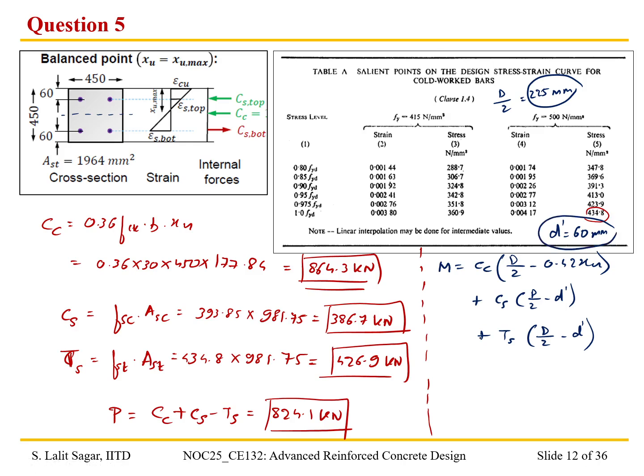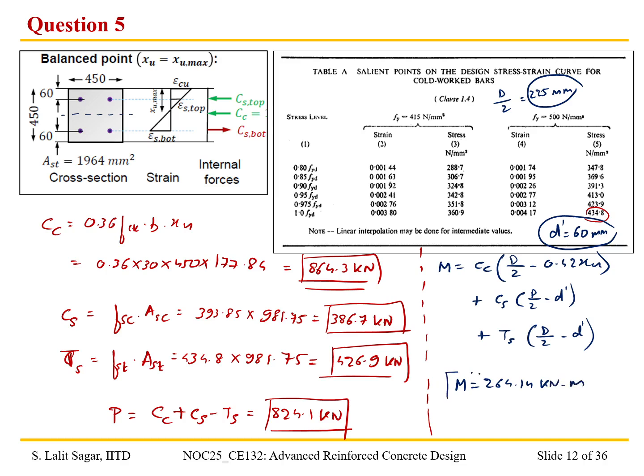Once we plug all the values and simplify this equation, we get the value of moment capacity M as 264.14 kilonewton meter.